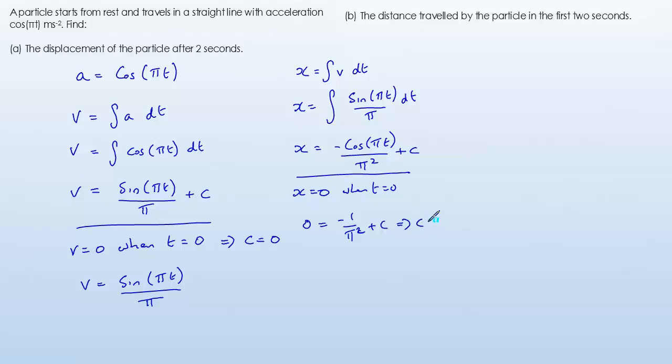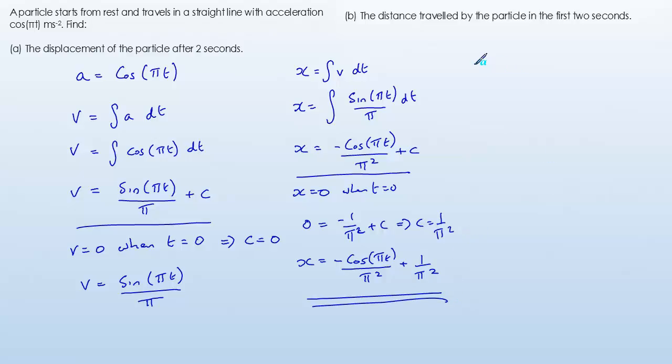So therefore c must be 1 over pi squared. So x is going to be negative cos pi t over pi squared plus 1 over pi squared.